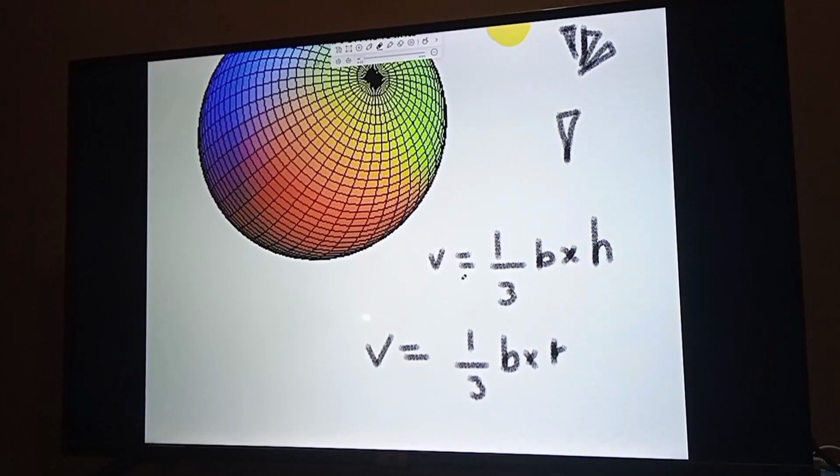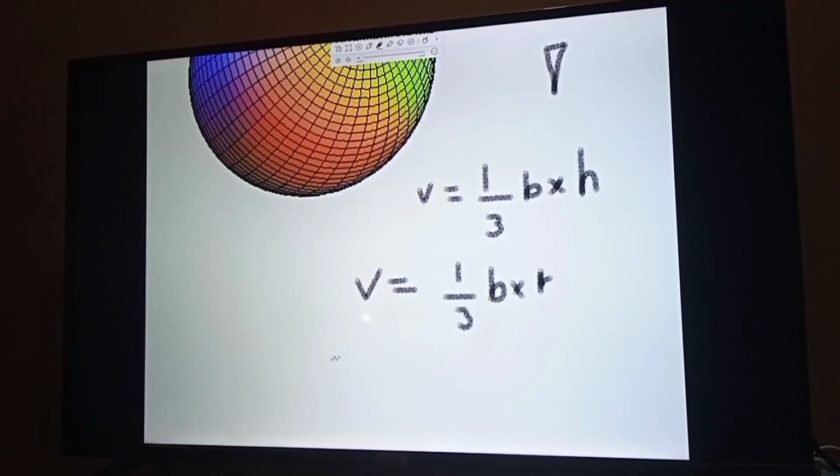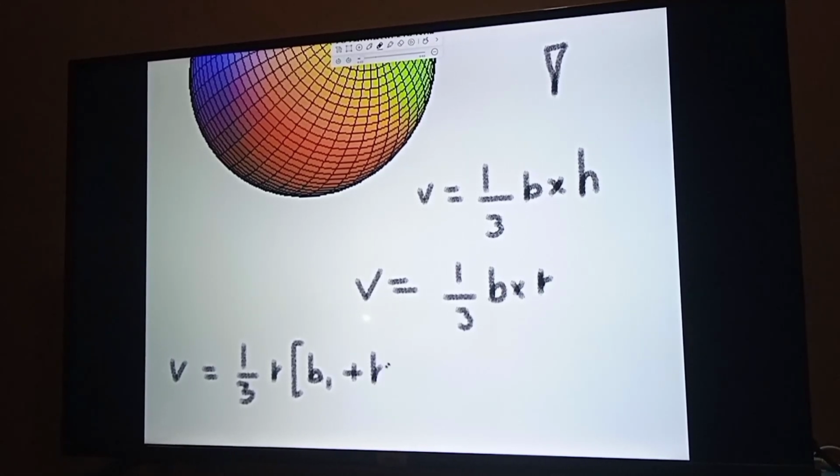Now as we said that this shape is made up of 100 pyramids, so we will add them all. 1/3 common, r common, and inside will be left b1 plus base of the first pyramid, then base of the second pyramid, and so on up to base of the 100th pyramid.